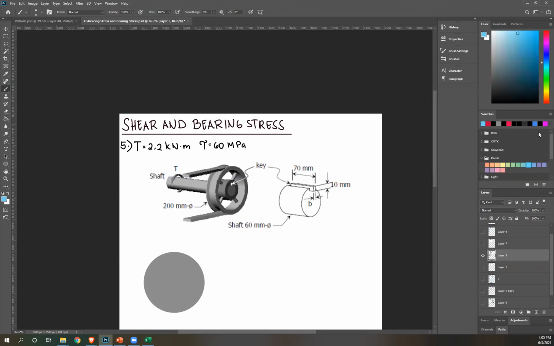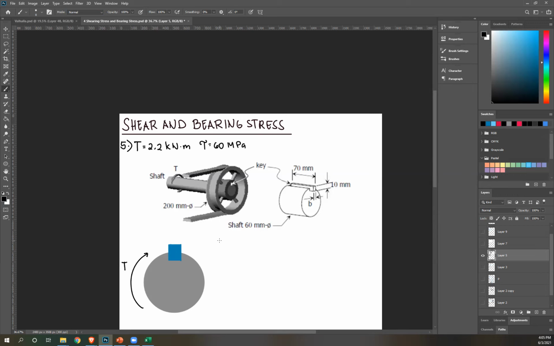Blue. We have this key. And then this is in motion.